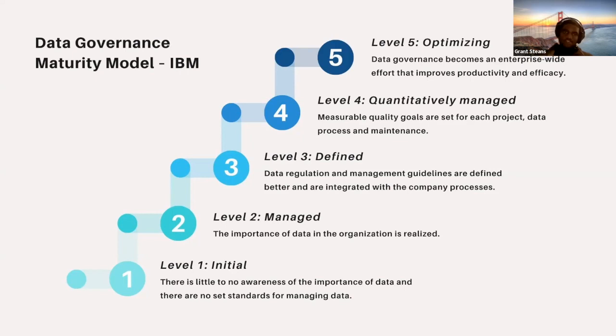And finally, level 5 is an optimized level where those quantified measures, those KPIs made across the organization from program to program, are brought together at the executive level and then disseminated back down across the entire organization, so that everybody has the same standard, the same process, accountability, and transparency across the whole organization in a very defined and acceptable measure.